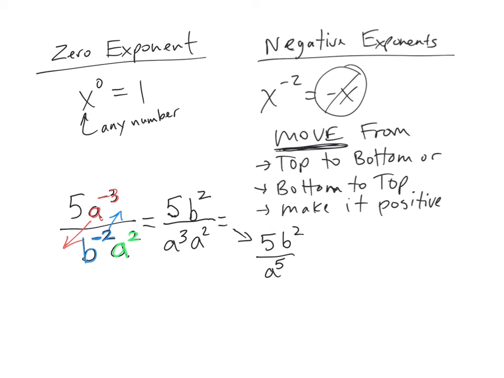Alright guys, it's that simple. The only thing the negative exponent affects is the movement. It moves from the numerator to the denominator, or top to bottom, or it moves from the denominator to the numerator, the bottom to the top of the fraction. And it becomes positive. It's that simple. Rewind this, watch it again if you need to. I understand this is a little bit different, but just remember, handle your negatives first.